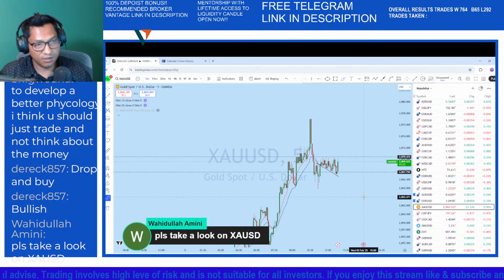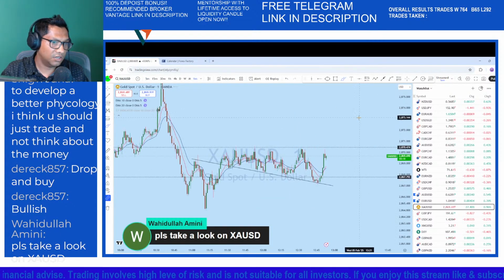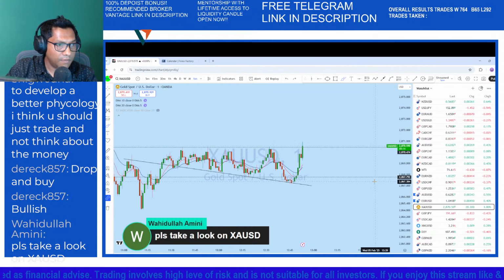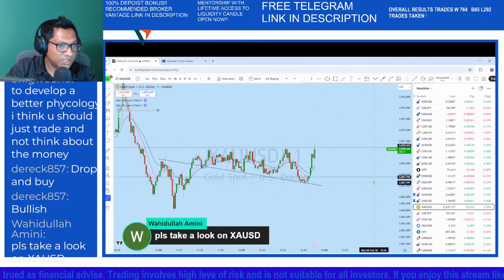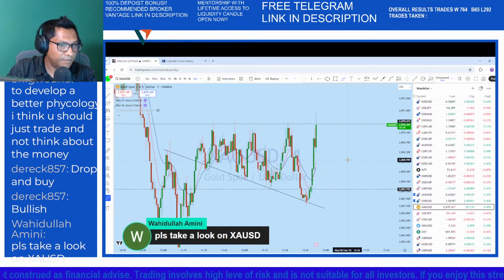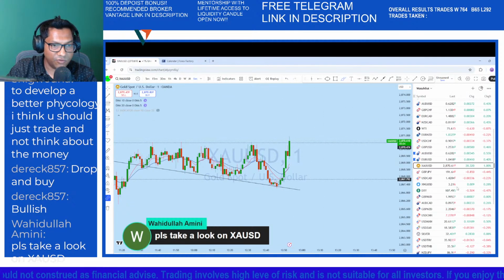Here is, I wouldn't say it's a very good entry area, but once we see the price prepared, we can look for that potential entry. You can see the price bounce, pullback, expecting for the market to trend.